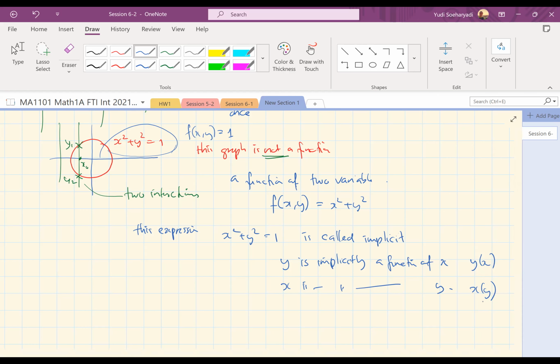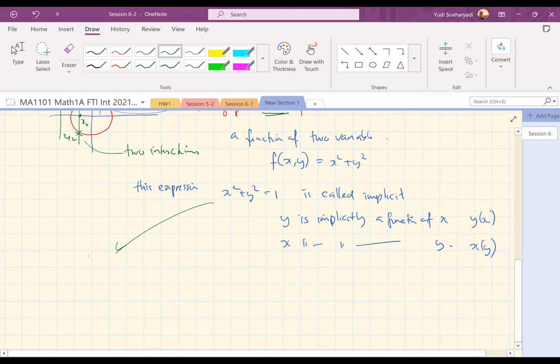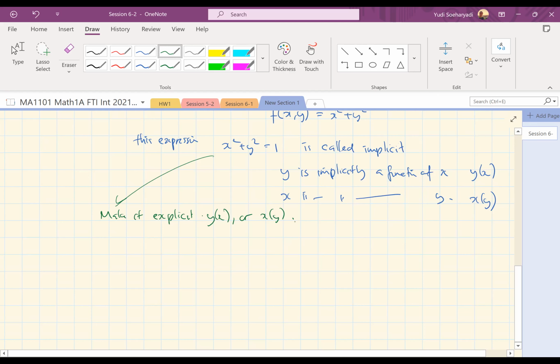And if you try to make it explicit, y is a function of x, or x a function of y, that means you're trying to solve for y.